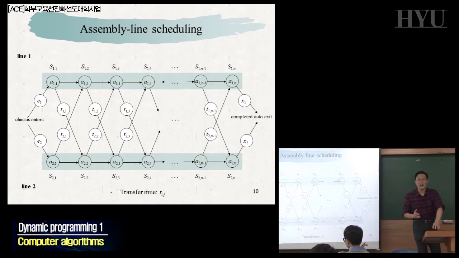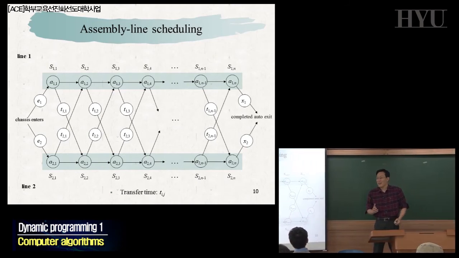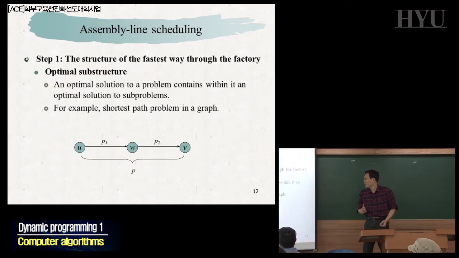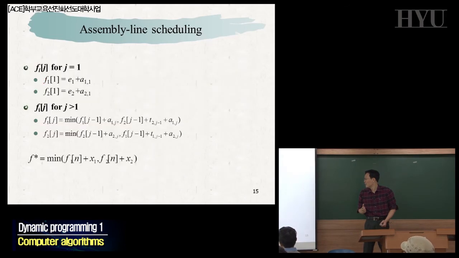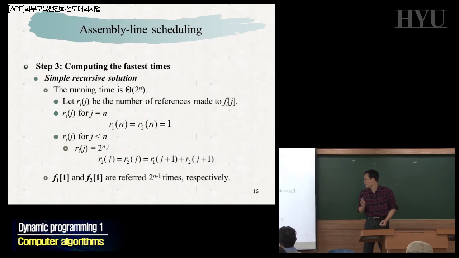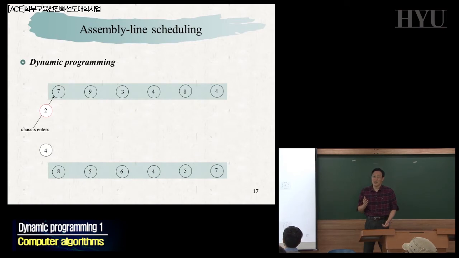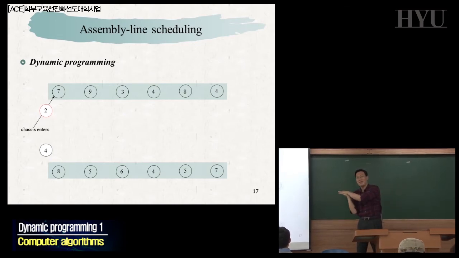So how can we handle this problem? Instead of solving the problem recursively, we solve it in a bottom-up fashion, and then we store the results in memory. Look at this.